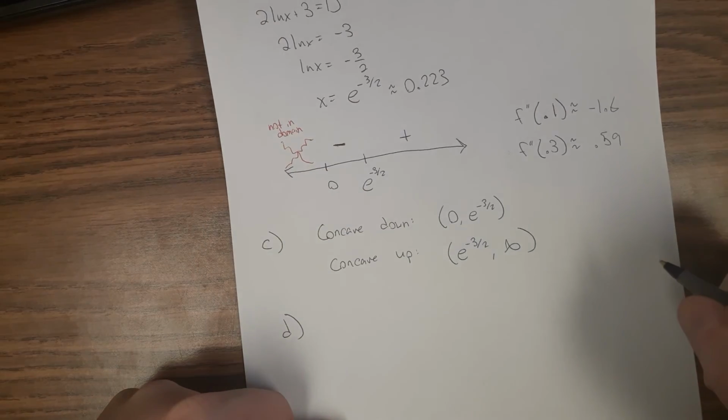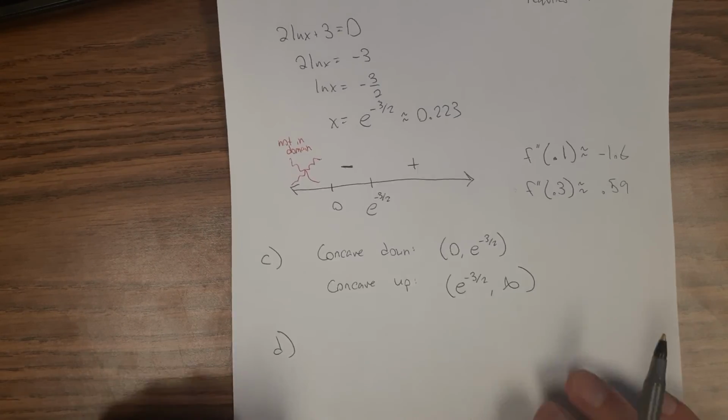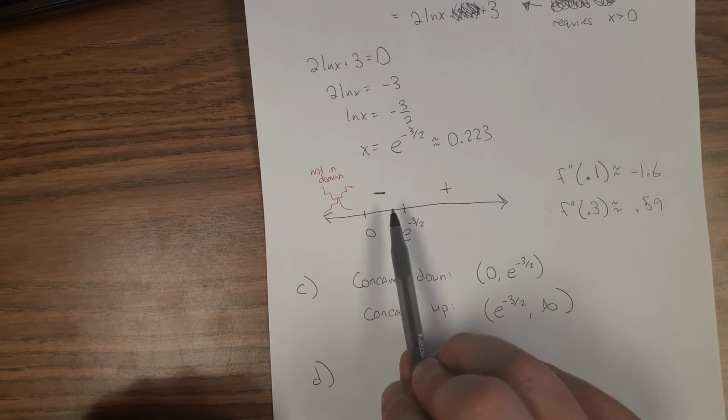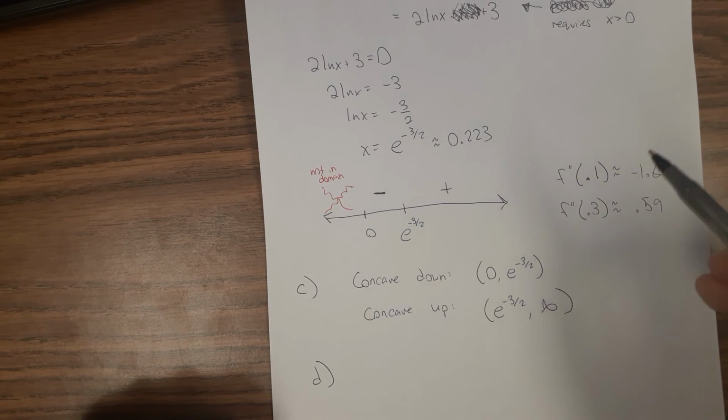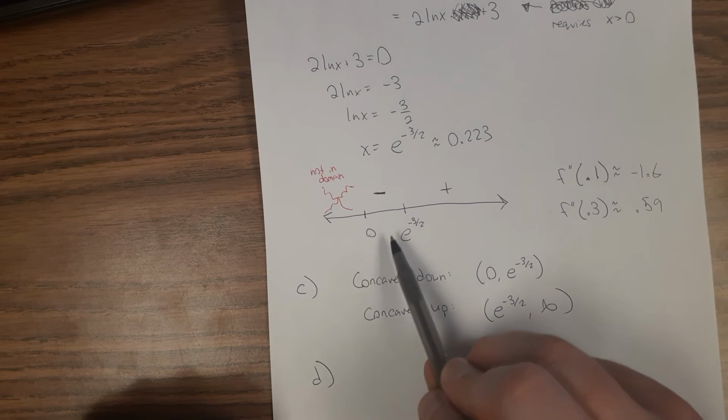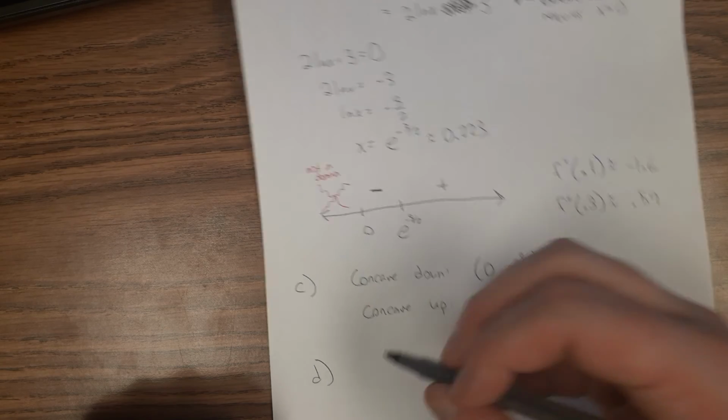Part D was to find inflection points. An inflection point is anywhere where you see a transition from a minus to a plus or a plus to a minus. We see exactly one of those right here.